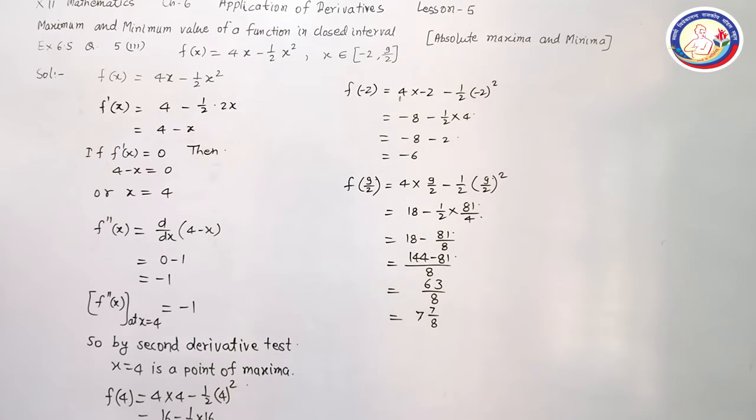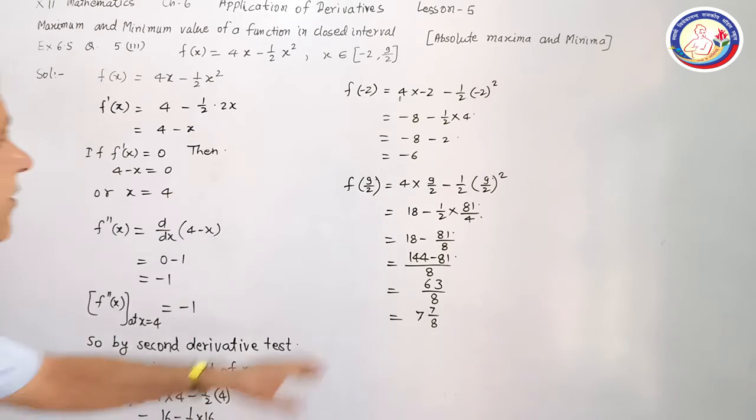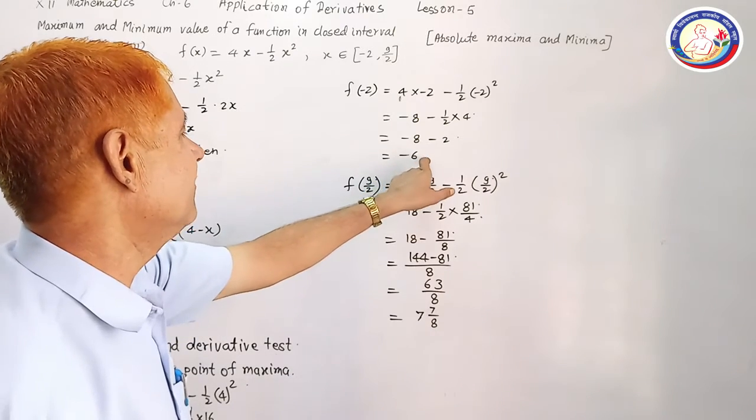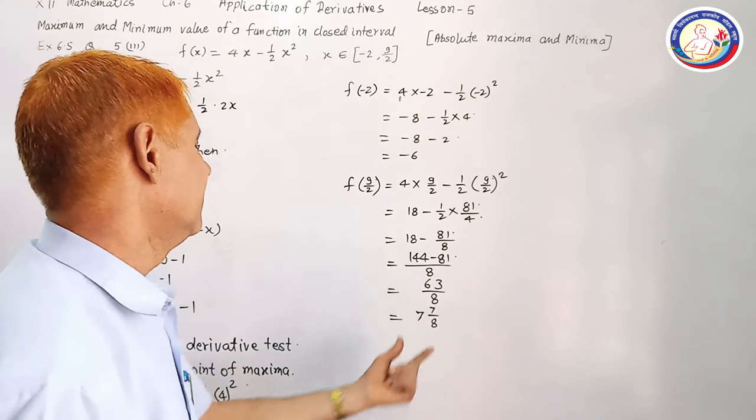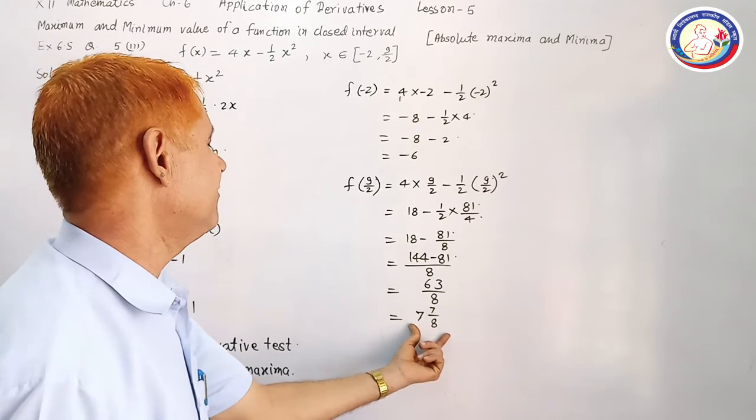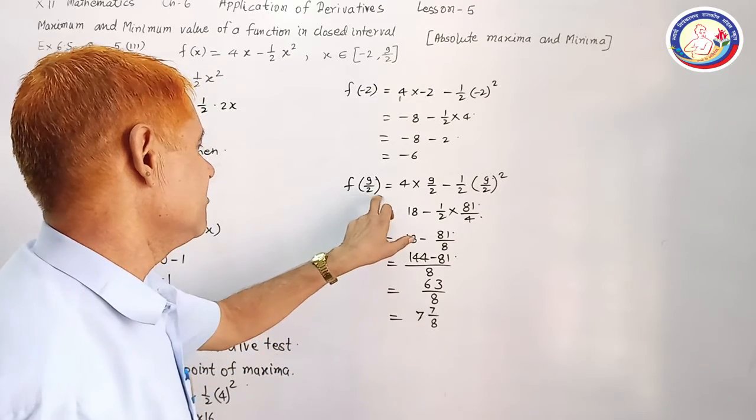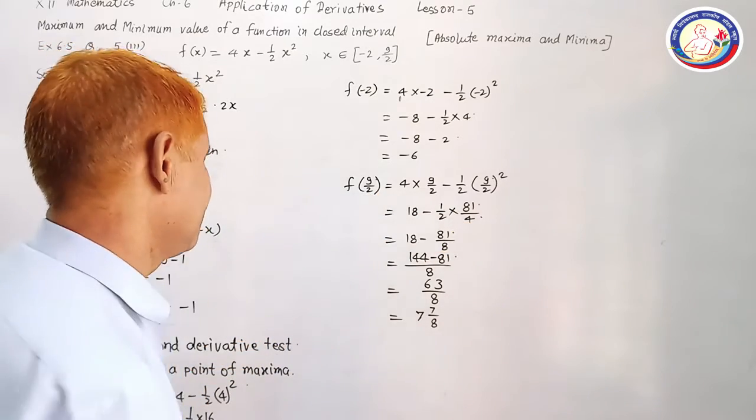Now for absolute maxima, we have to compare these three values. F(4), the value of the function at 4, which is the local maximum value, is 8. This is at the lower limit, it is minus 6. And it is 7 and 7 by 8. This is at the extreme point or at the upper limit.